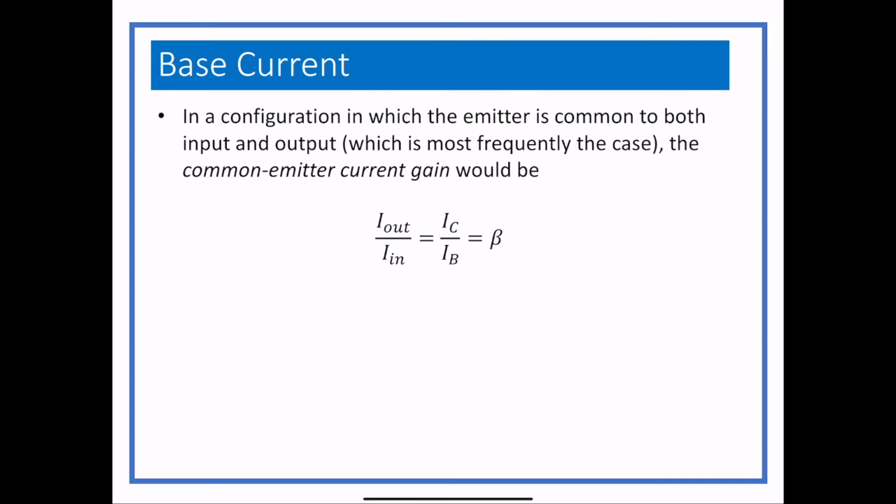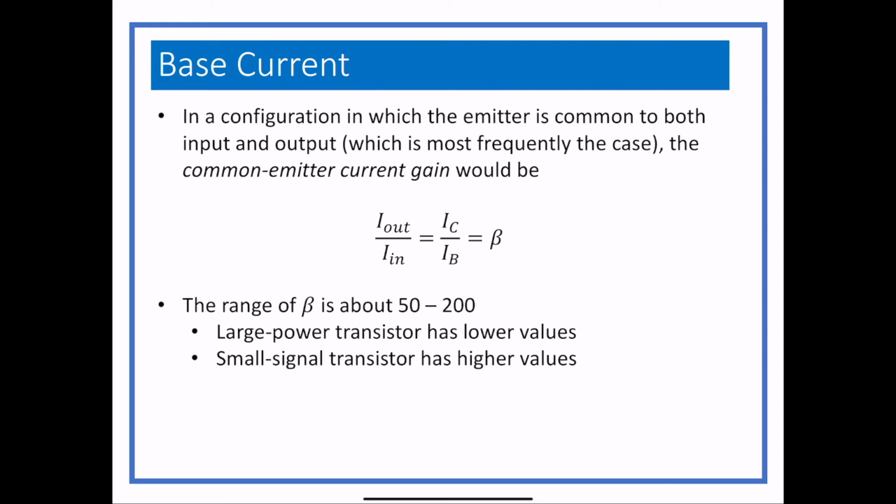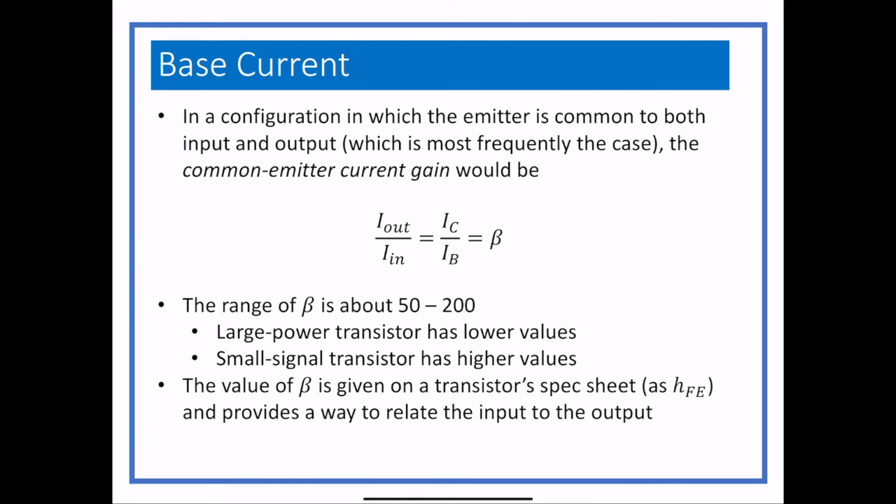The base current coming in, the collector current would be the output current, and that's related by a standard term known as beta. Beta generally ranges between 50 and 200. Power transistors have lower values of beta. Transistors we use in amplifiers have larger values of beta. And beta is given on a transistor spec sheet. It's listed generally as hFE.